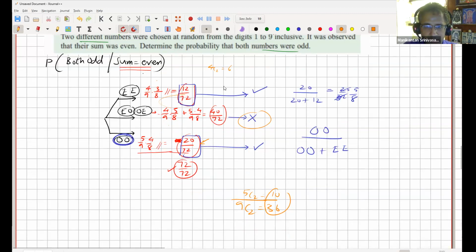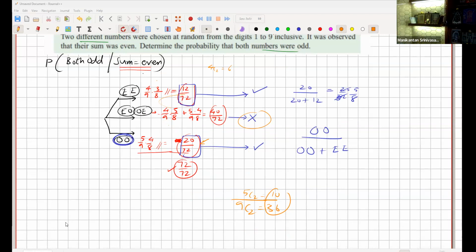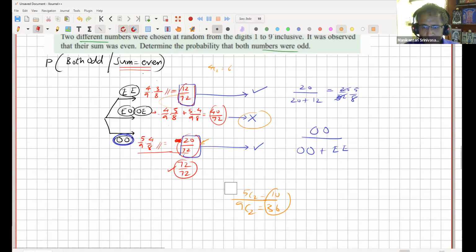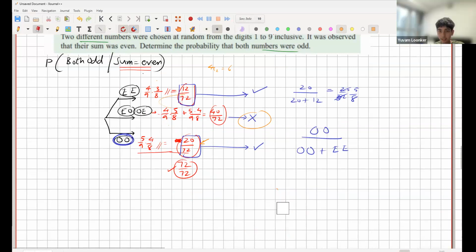That was question 9. Just 1 second. So how did you get 3 upon 8? Where from 3 upon 8? Which one? EE. EE is 12 upon 72.